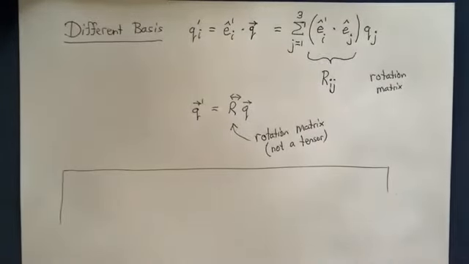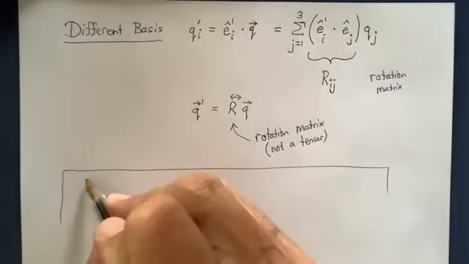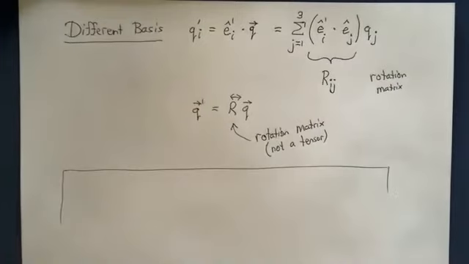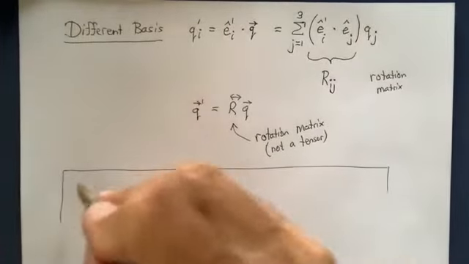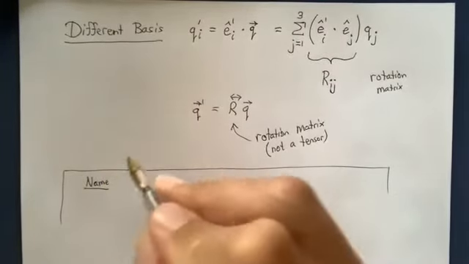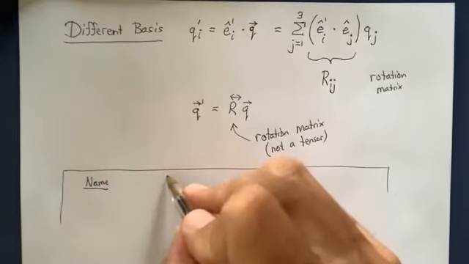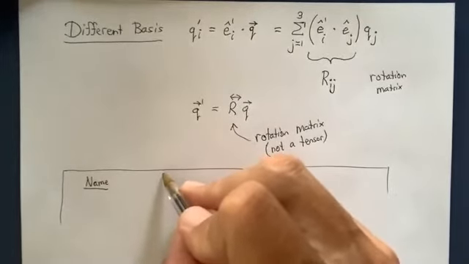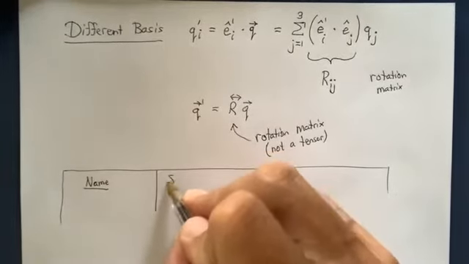So here we go. What we'll do is, it's useful to include the total mass. Total mass, we're going to see it's a rank 0 tensor. So let's begin like this. We have the name, the symbol.